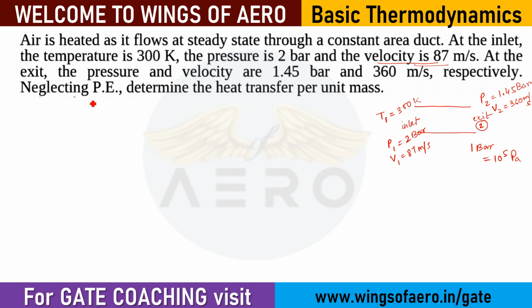Now ignoring the potential energy. As they have given this, you have to quickly understand that this is a problem based on SFE, steady flow energy equation. Then determine the heat transfer per unit mass, that means dQ by dm. This is what you have to find.